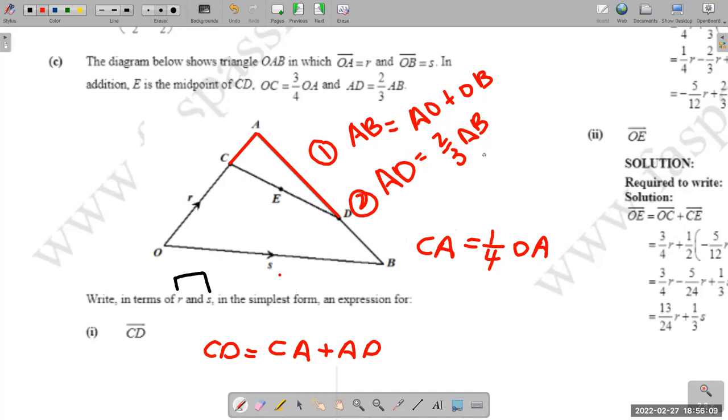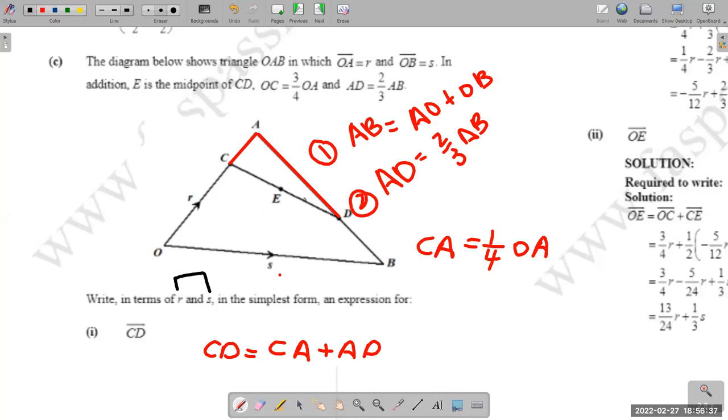So all we got to do is substitute. So for example, what is our value for AD? We don't know AB, you have to add these two things. So let's go. What is AO? What letter represents AO? Look it up here. But is it positive R or negative R, guys?